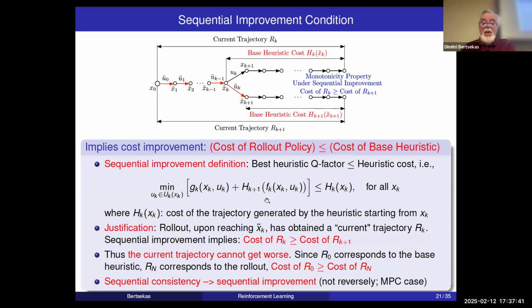If you look at the best Q factor overall, then you're going to get something better. So that's the reason why this inequality holds under sequential consistency.